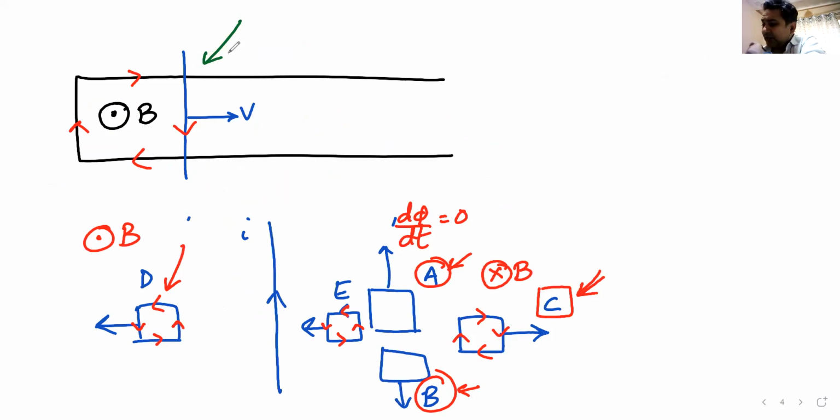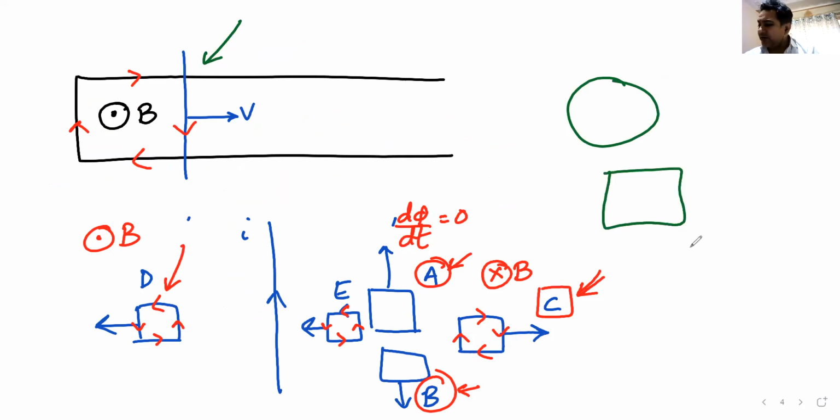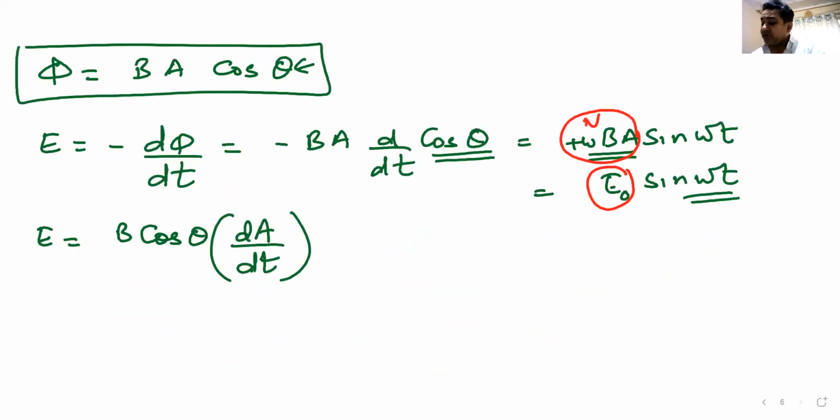Yes, sir. The other way is you have a circular coil, you convert it into a rectangular coil or a triangular coil, you are changing the area. You will hardly have this question, but you can have a question of this nature, right? Yes, sir. Now, questions on changing area are done by the concept of motional EMF.